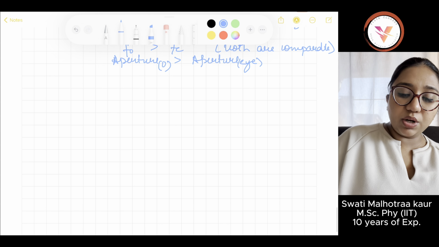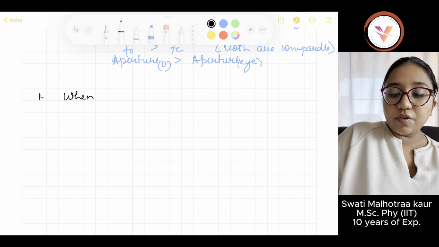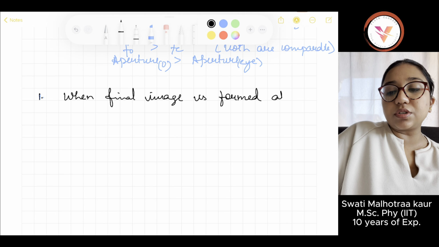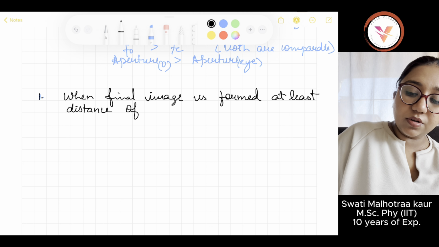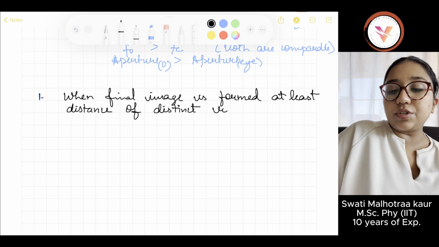So again, we will do for two conditions. First, when the final image is formed at least distance of distinct vision.